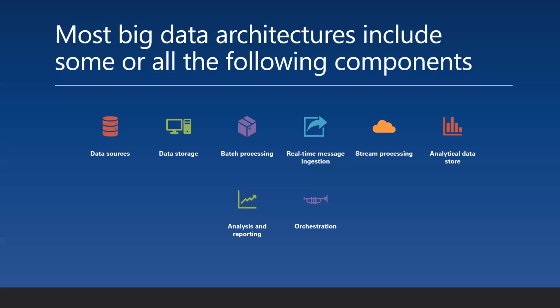Next, analysis and reporting, and orchestration. Let's talk about analysis and reporting. The goal of most big data solutions is to provide insights into the data through analysis and reporting. To empower users to analyze the data, the architecture may include a data modeling layer such as a multidimensional OLAP cube or tabular data model in Azure Analysis Services.